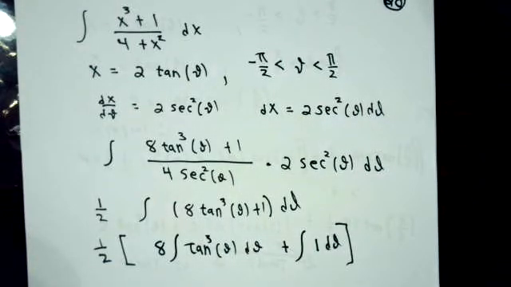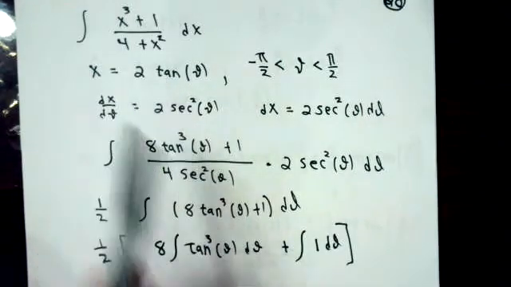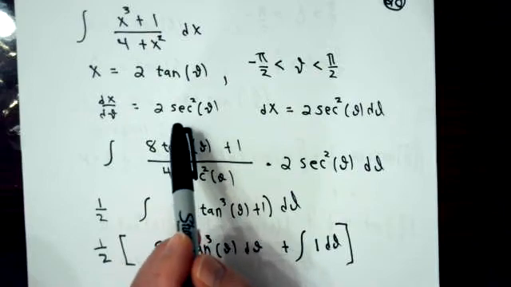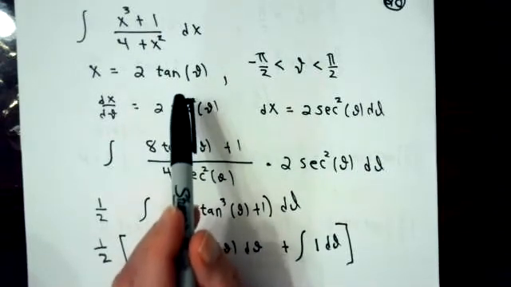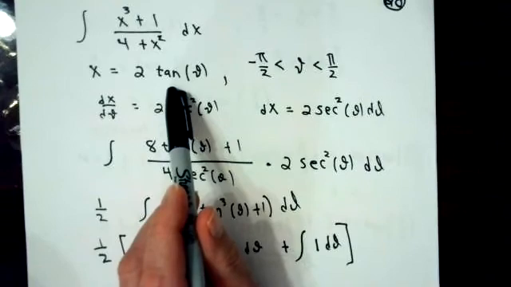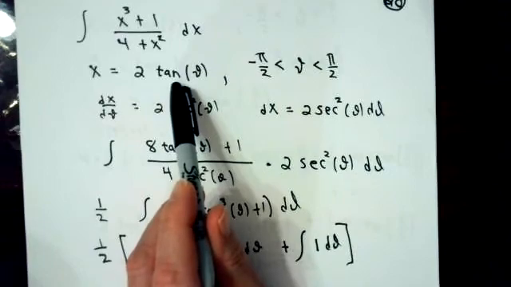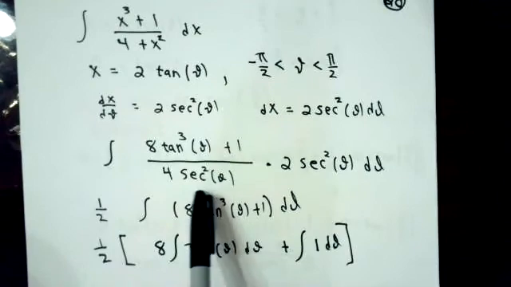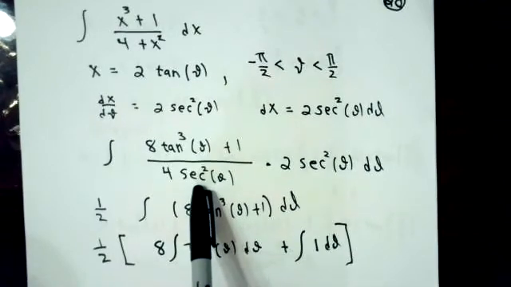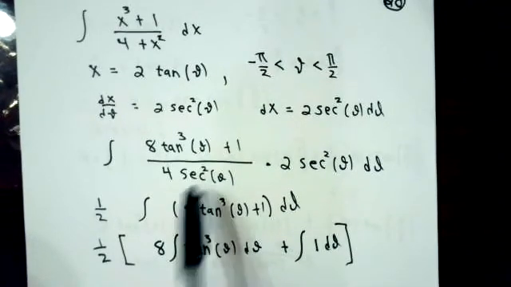On the bottom of the fraction, you're going to have 4 plus 4 times tangent squared. That's 4 times the quantity 1 plus tangent squared. That's 4 times secant squared. So on the bottom of my fraction, I have 4 times secant squared theta.